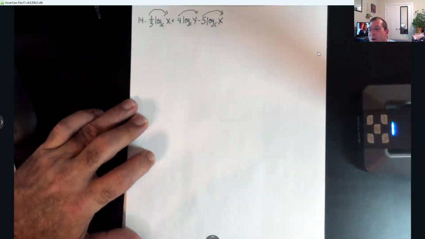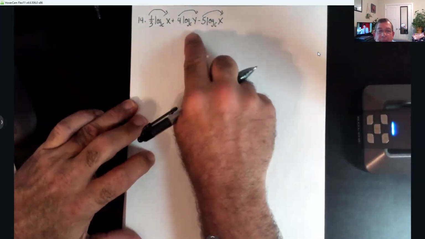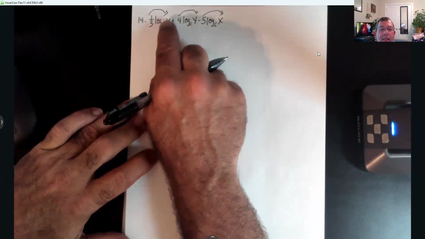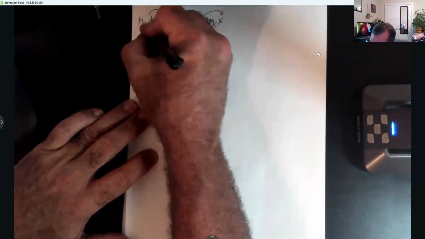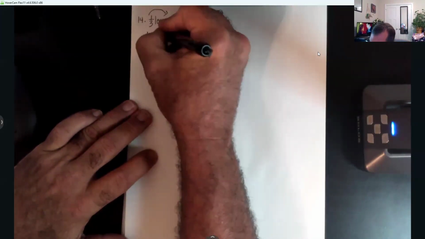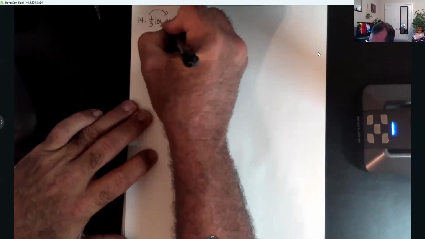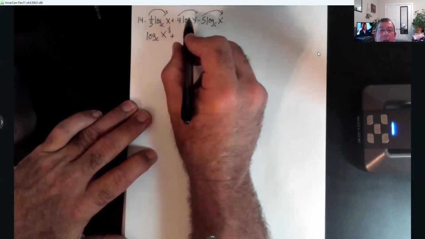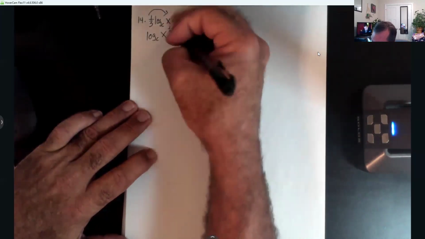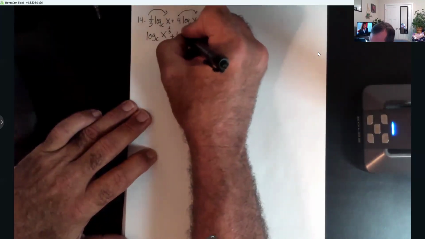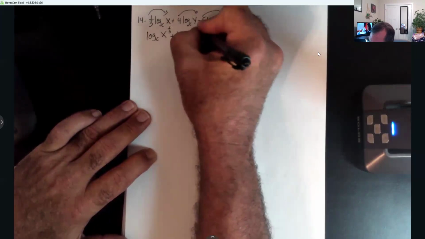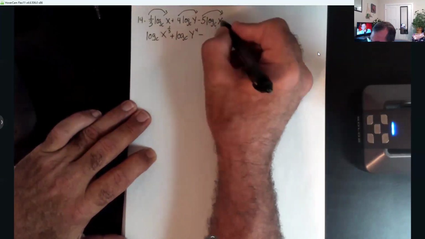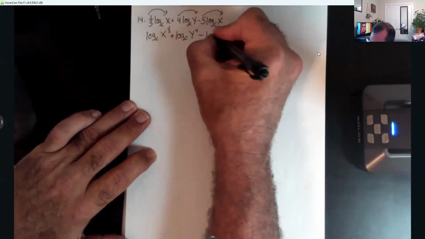Because you remember, you're undoing the stuff you did to get to this. So I'm going to bring the exponents up first. So I get a log C of x to the 1/3. All right. Plus, this one will give me a log C of y to the 4th. Minus, this one will give me a log C of x to the 5th.